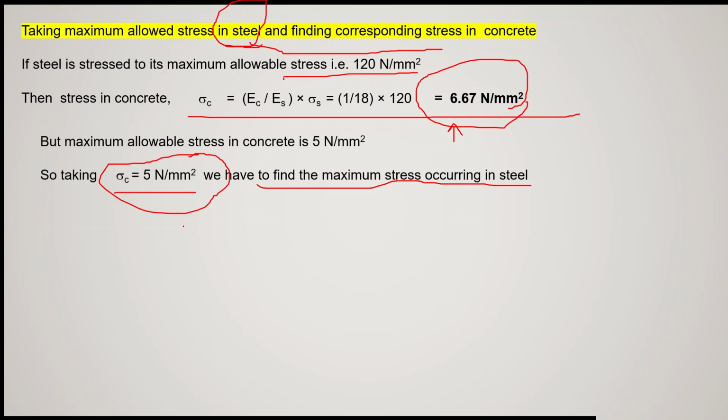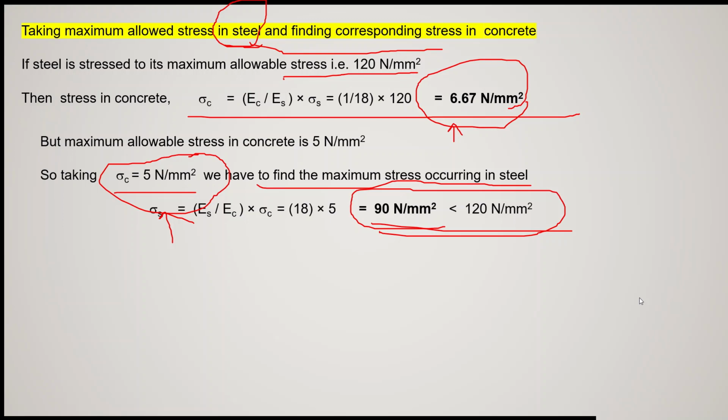So in the other way, we have assumed that the maximum stress allowed in concrete is 5. Now concrete can reach up to 5 Newton per millimeter square, and when concrete reaches its maximum, what will be the stress occurring in steel? Whether it is beyond 120 or less than 120.